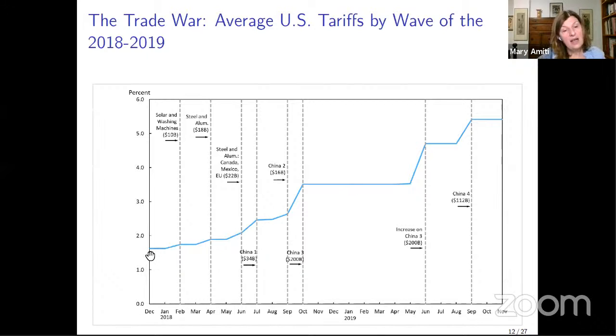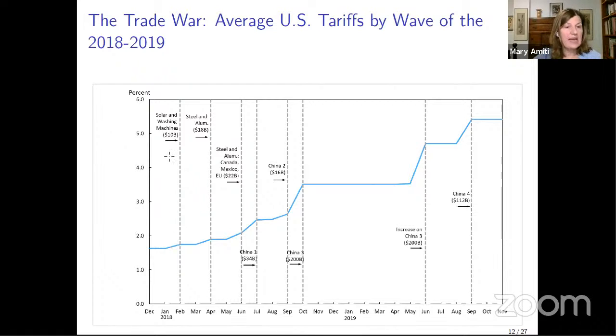And as you see, the tariff started off at around 1.7%, 1.6, and then ended up at about 5.5 by the end of 2019. The first announcement was on the solar and washing machines. That didn't only apply to China, but other countries as well. So that would be the first implementation. Then we went back and said, okay, when was the first time there was any announcement of this?